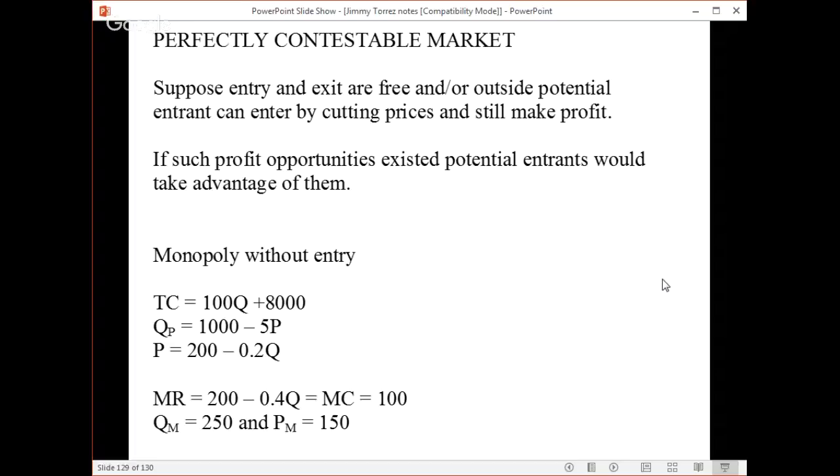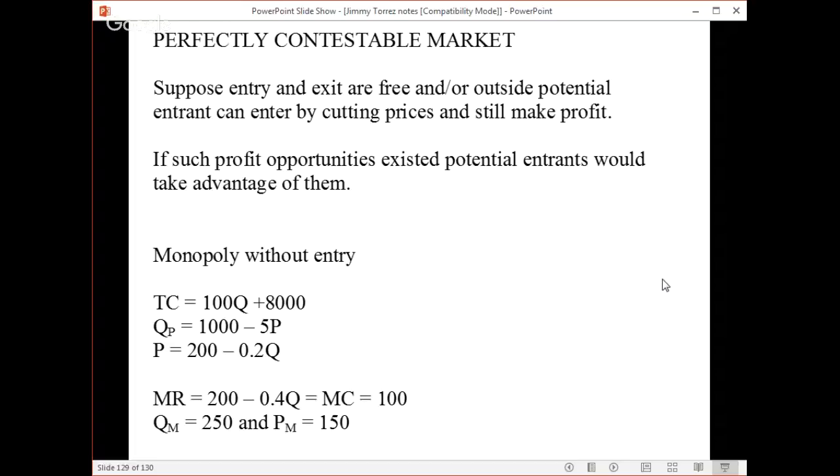The demand curve crosses the average cost curve in two places, which is why we have a quadratic. One is at a quantity of 400 and a price of 100. The other is with the price of 180 and a quantity of 100, right?